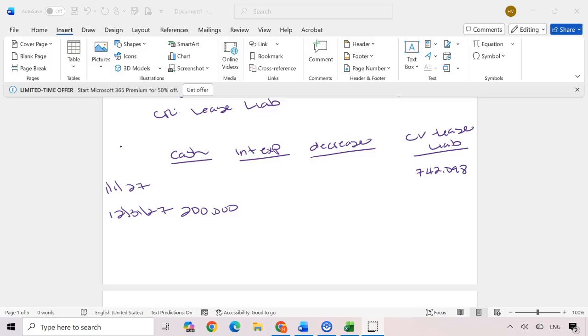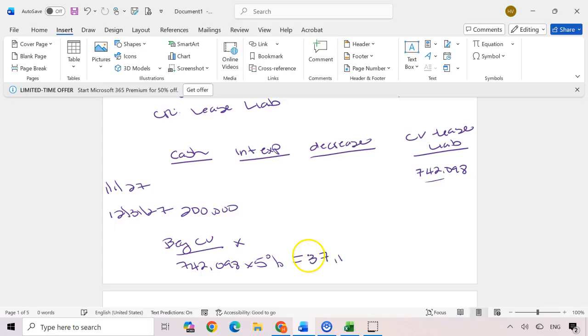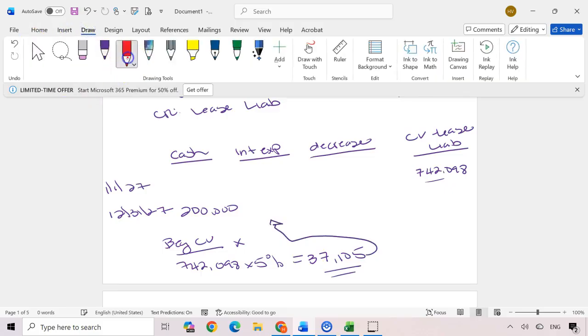The way we're going to do that is we take our beginning lease liability carrying value, which is $742,098, multiplied by the interest rate we use to discount this number, so times 5%, which equals $37,105. This is going to be our interest expense component.